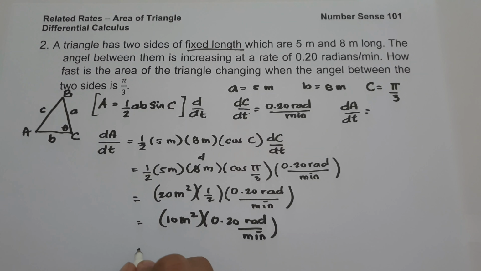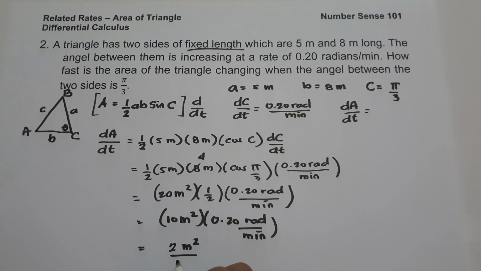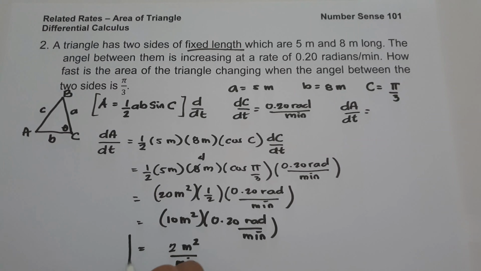So our final answer is 10 square meters multiplied by 0.20, that is 2 square meters per minute. And this will be our answer.